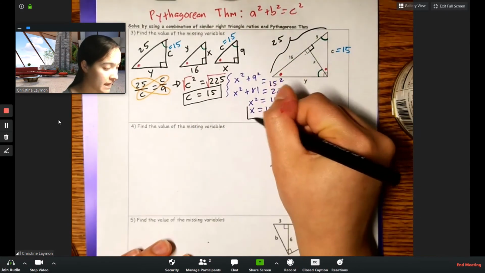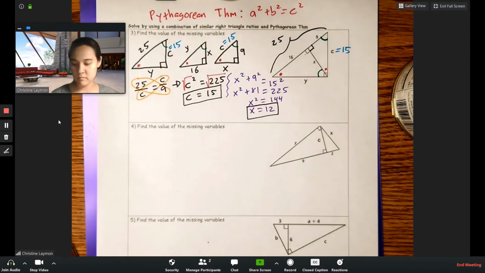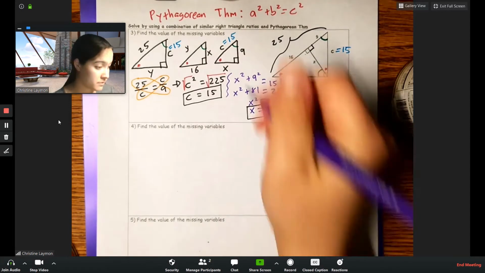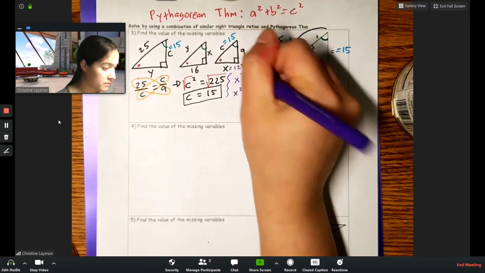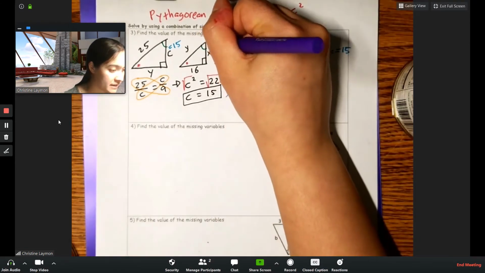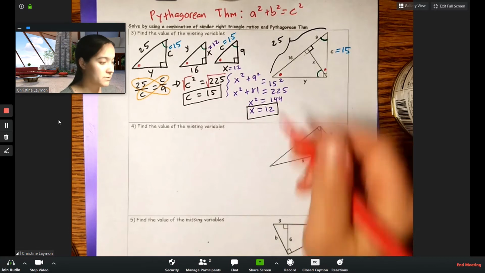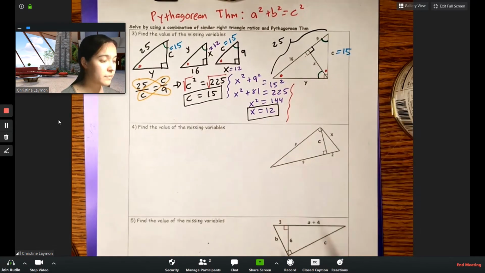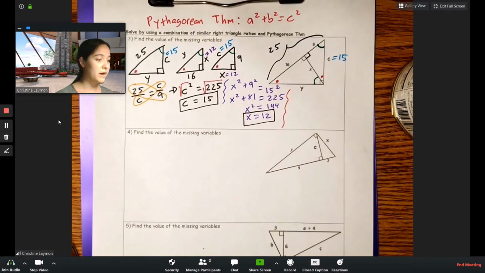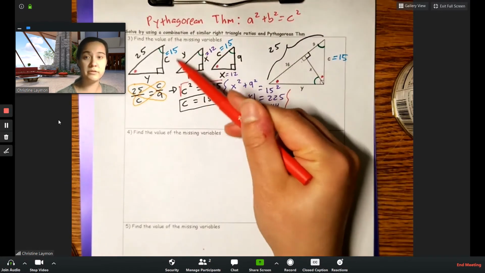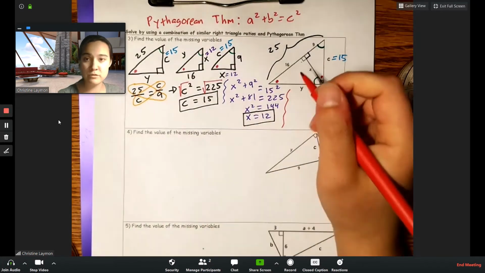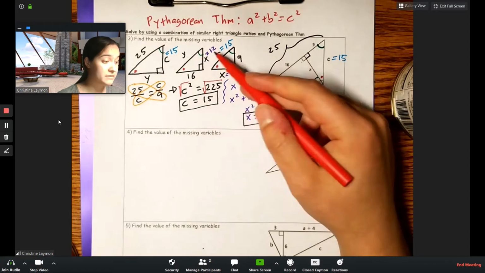So again, so far, we have found that c is 15. We have found x is 12. We'll come back through and label what we found. So this x here, that's 12. This x here, that's also 12. We're missing just one more, and that's going to be to find y. So I'm going to go ahead and do the same process over here. To do it for y, I'm going to do it in this one right here. So this time I know that x is 12.